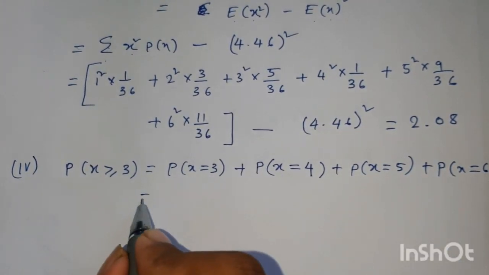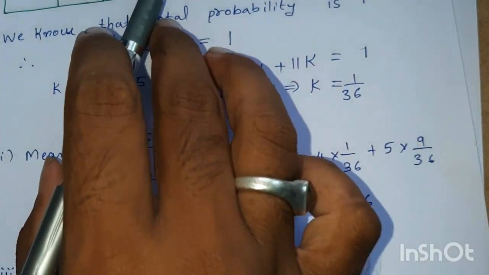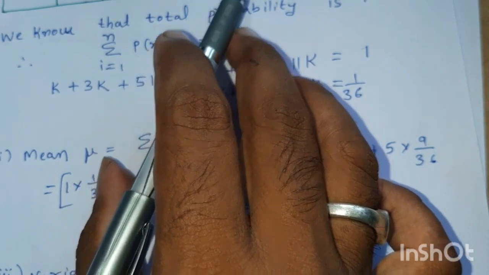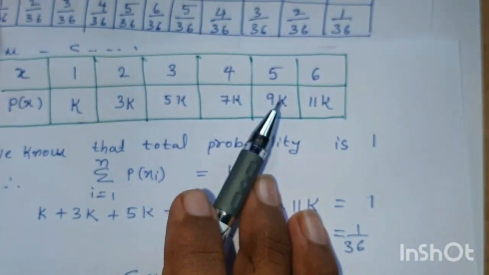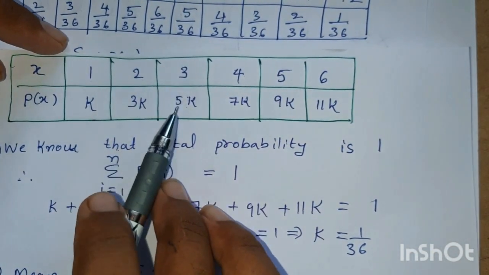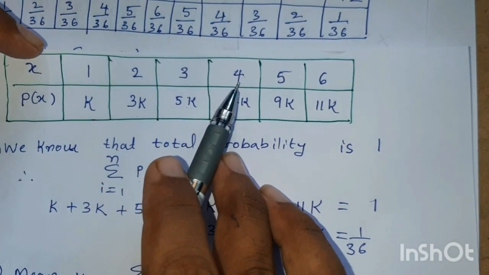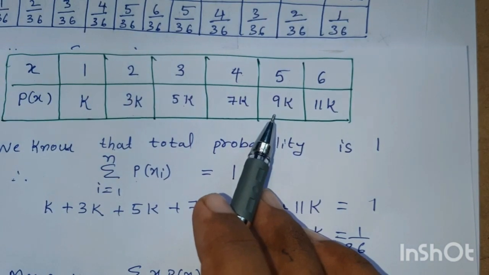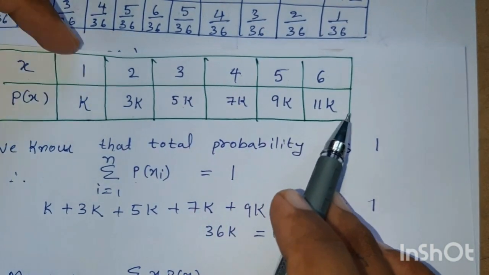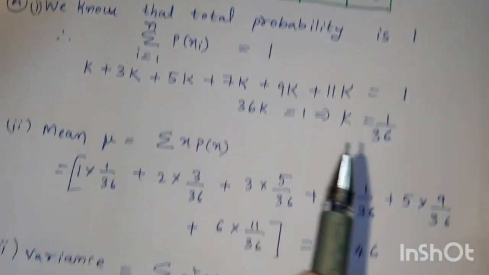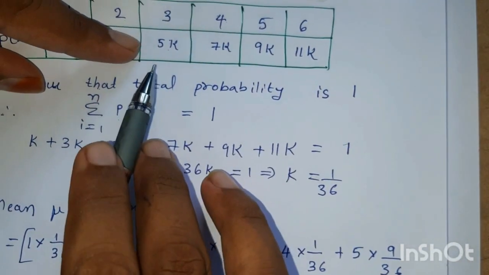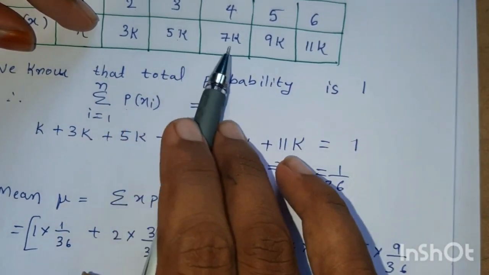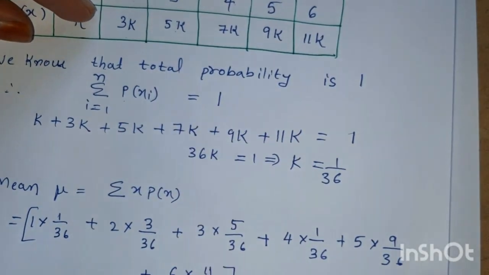Probability when X is equal to 3 is 5k, when X is equal to 4 is 7k, probability of 5 is 9k, probability of 6 is 11k.